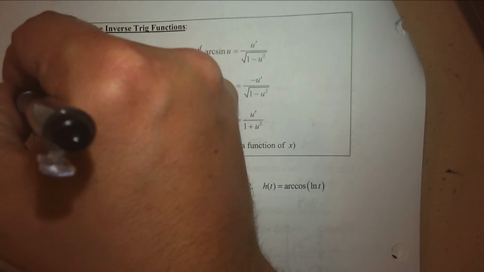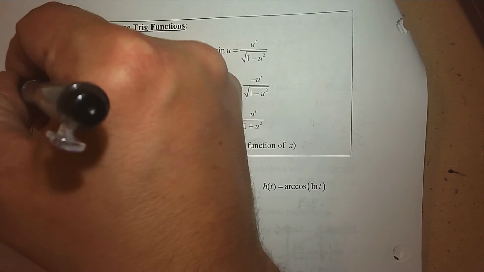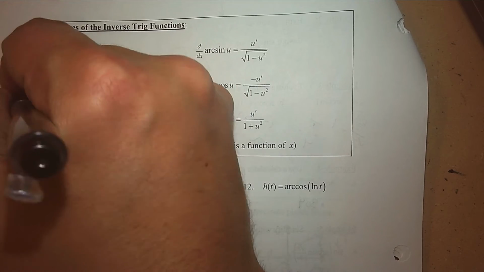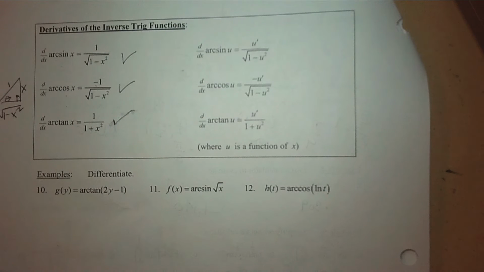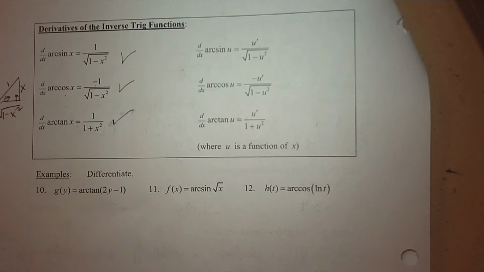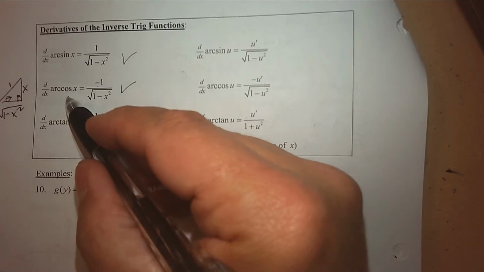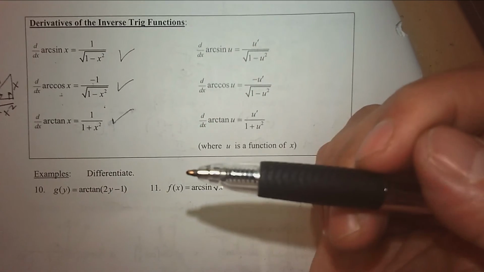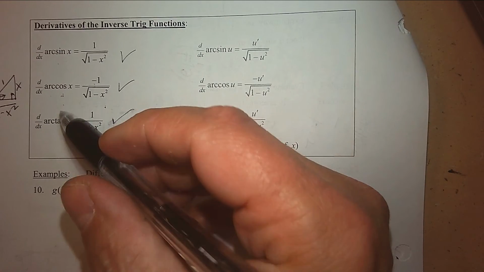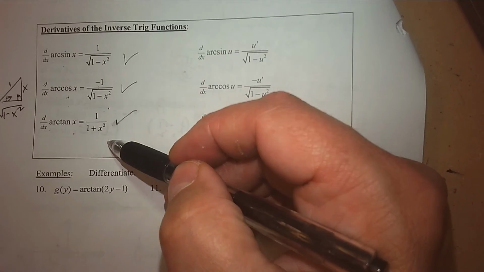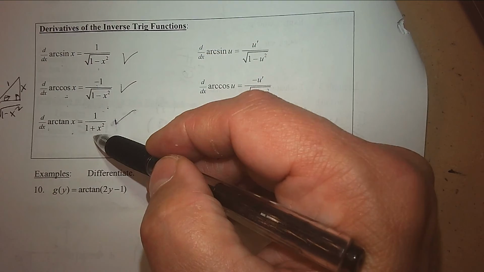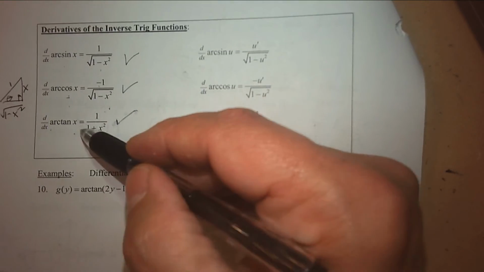If you think of that triangle where you have x over 1 and you solved for the missing side, you can see where 1 minus x squared came from, and it's 1 over that. Cosine is similar but negative, and arctangent is completely different, not subtracting but adding, so the order doesn't matter, and no square root in the denominator.